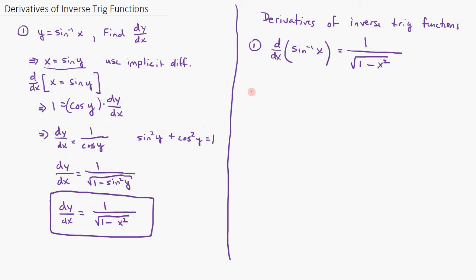So the other derivatives are: the derivative of inverse tangent is equal to 1 over 1 plus x squared.